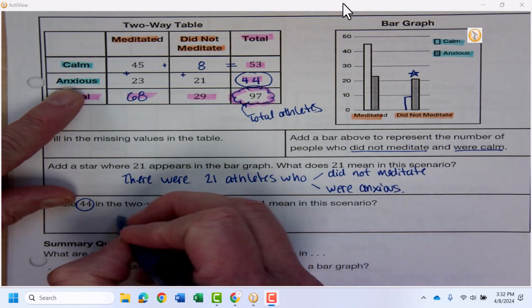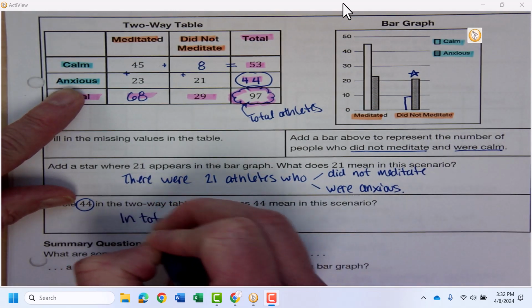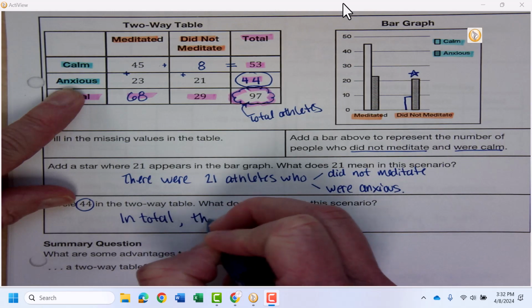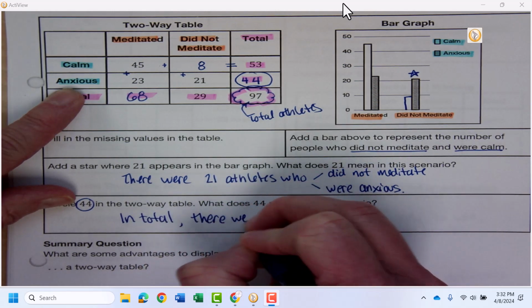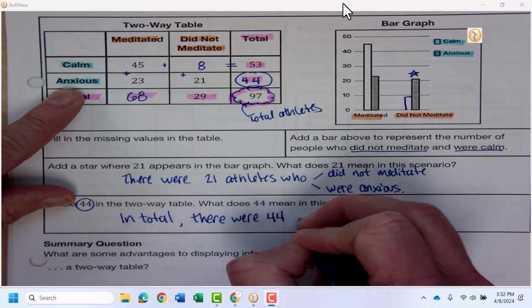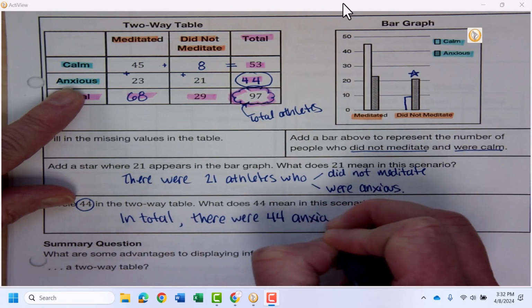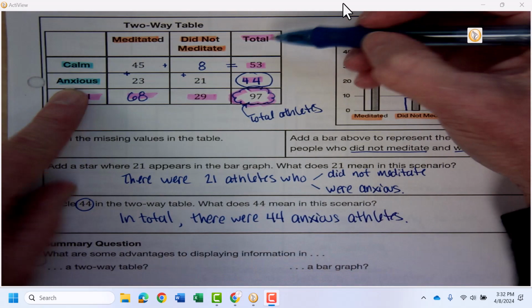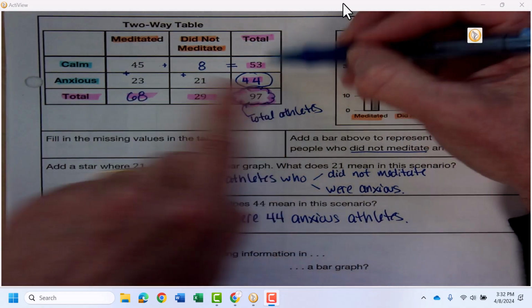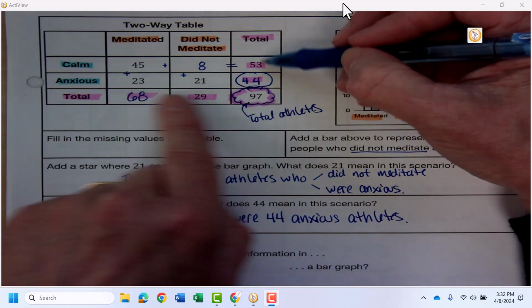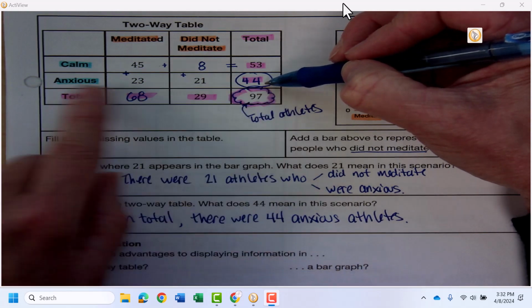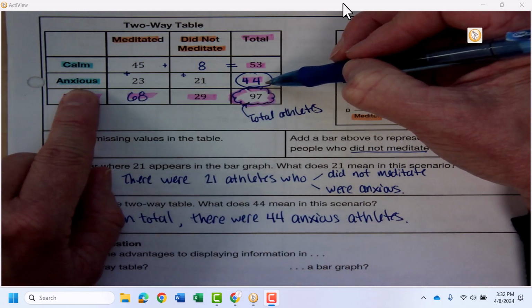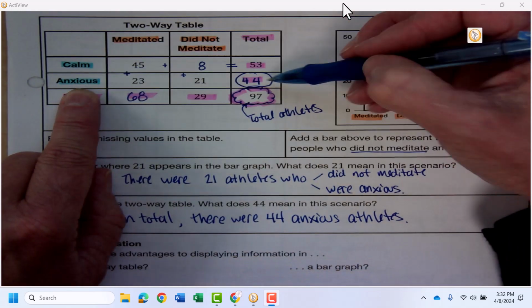In total, there were 44 anxious athletes. So those two headings that come together in that 44 tell me what that 44 means. So some of those students meditated, some didn't meditate, but all of them were anxious.